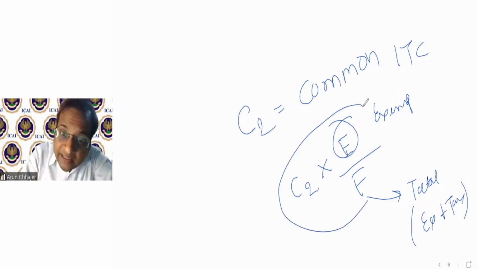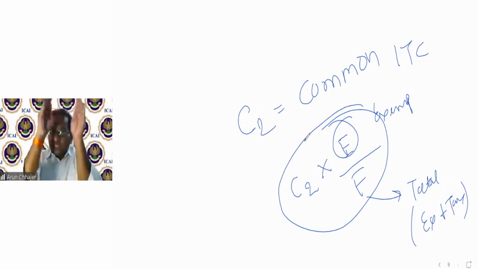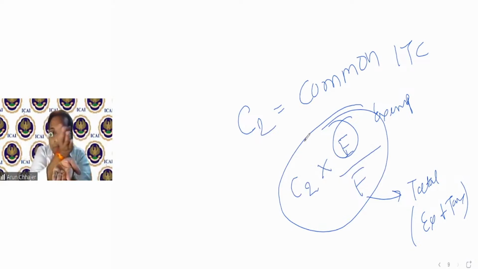What are we doing by this formula? Basically, C2 is the balance portion of the ITC. Try to understand: out of the total basket, you have removed the ITC which is linked to non-business, exempted, block, or taxable, on a one-to-one correlation, exclusively linked. What is the balance portion?